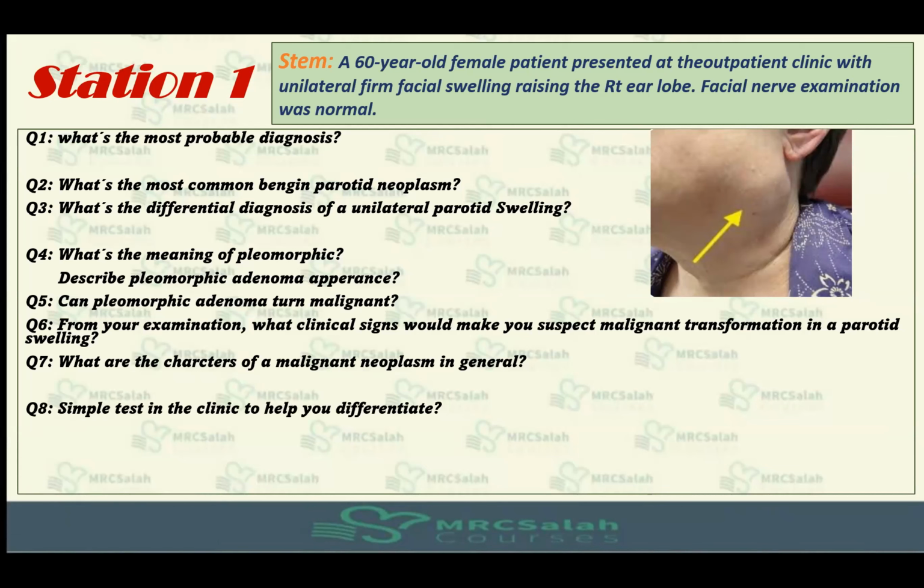Can you please tell me a sample test in the clinic to help you differentiate between malignant and benign tumors? Fine needle aspiration cytology. Okay. What are the cytological features that would raise concerns of malignancy in fine needle aspiration?